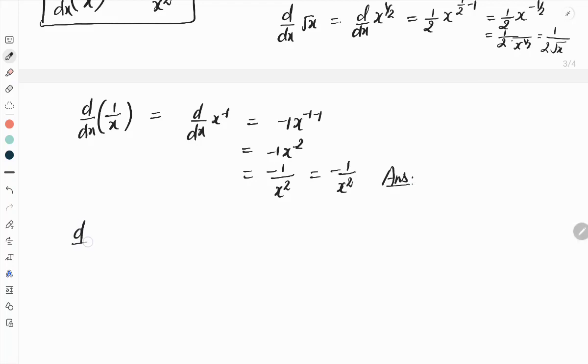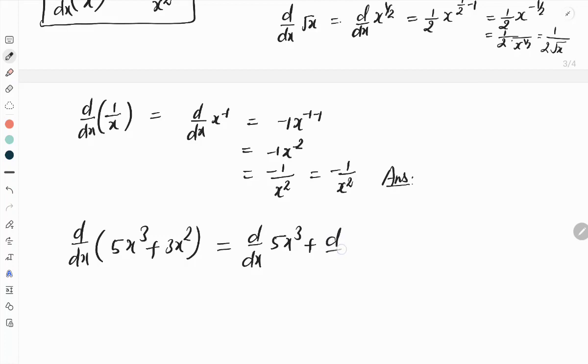Let's say I am saying find dy/dx of 5x cube plus 3x square. What will you do? The derivative will be separated: dy/dx of 5x cube plus dy/dx of 3x square.